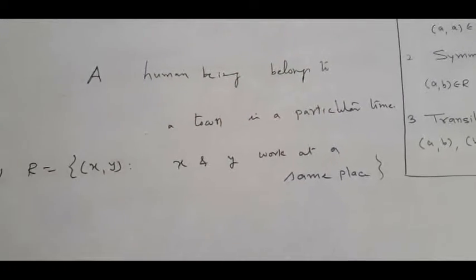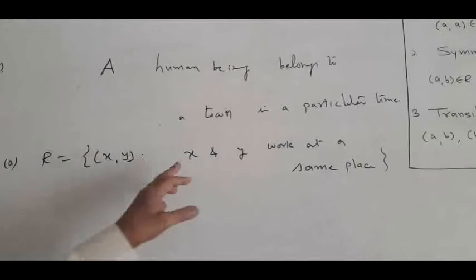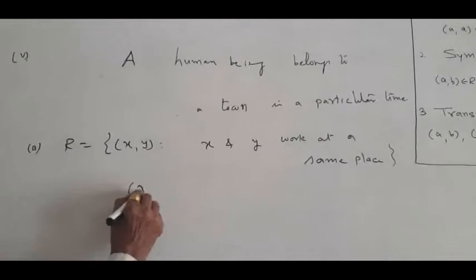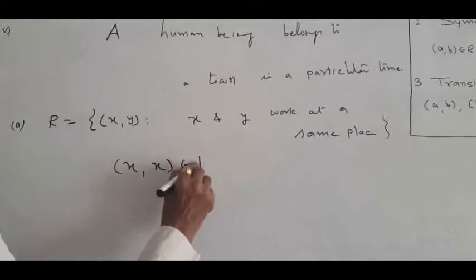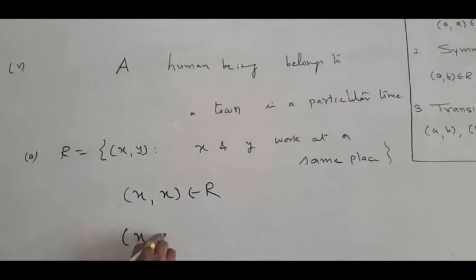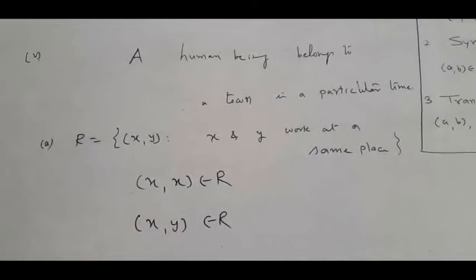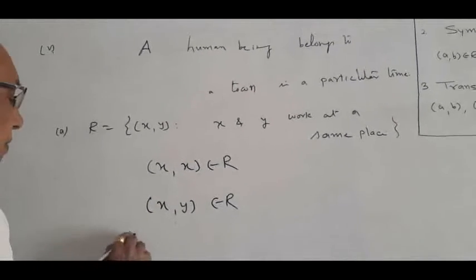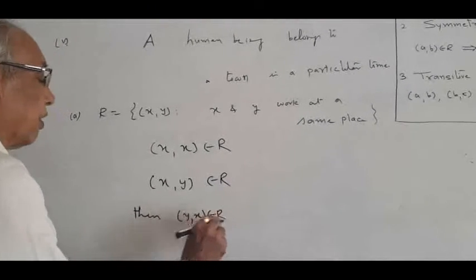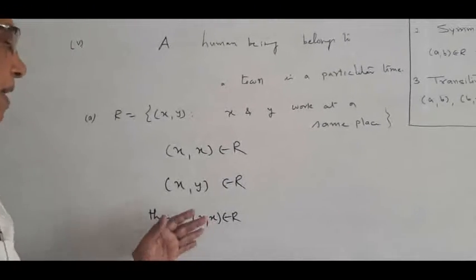This is given here. Now, naturally, when (x, y) belongs to R, when x and y work at the same place, naturally (x, x) belongs to R because x and x work at the same place. If (x, y) belongs to R, means x and y work at the same place, then (y, x) also belongs to R, because when x and y work at the same place, y and x also work at the same place, means the relation is symmetric.